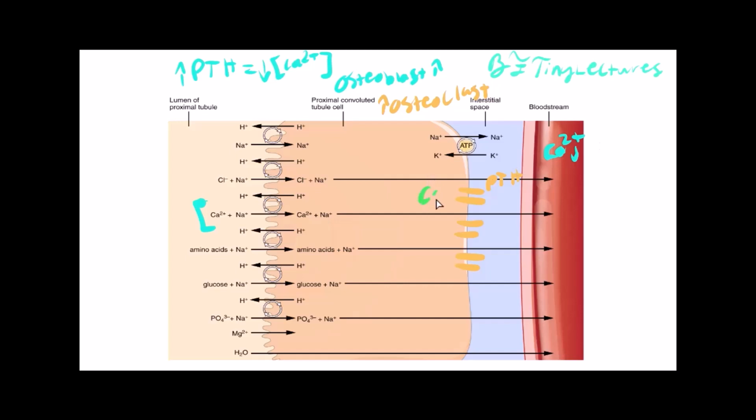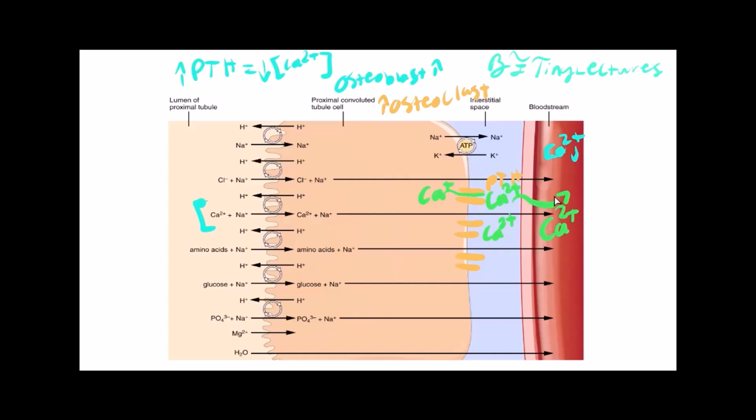I'm going to leave the collecting duct, I'm going to leave the proximal convoluted tubule, and instead I'm going to be here in the interstitial fluid. And eventually I'm going to build up right here, and then I'm going to go down into the bloodstream. So now we have a bunch of calcium building up into the bloodstream.